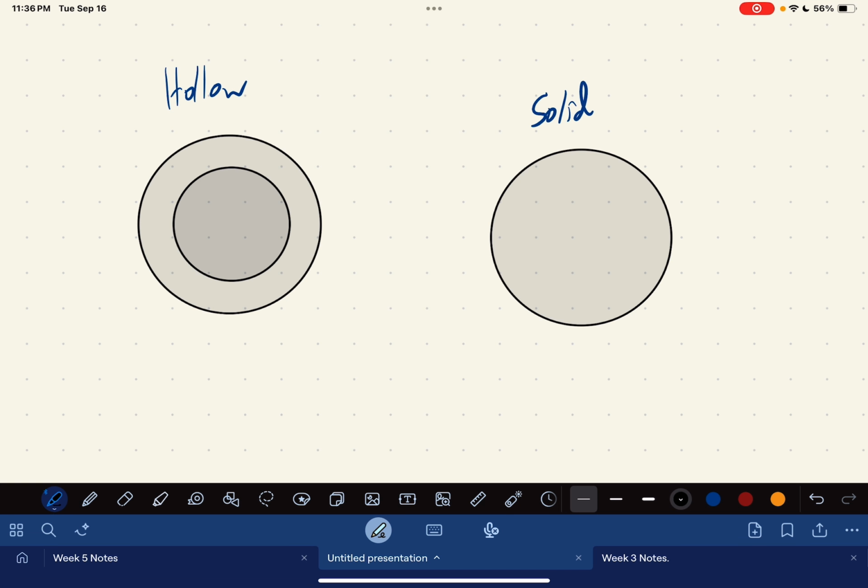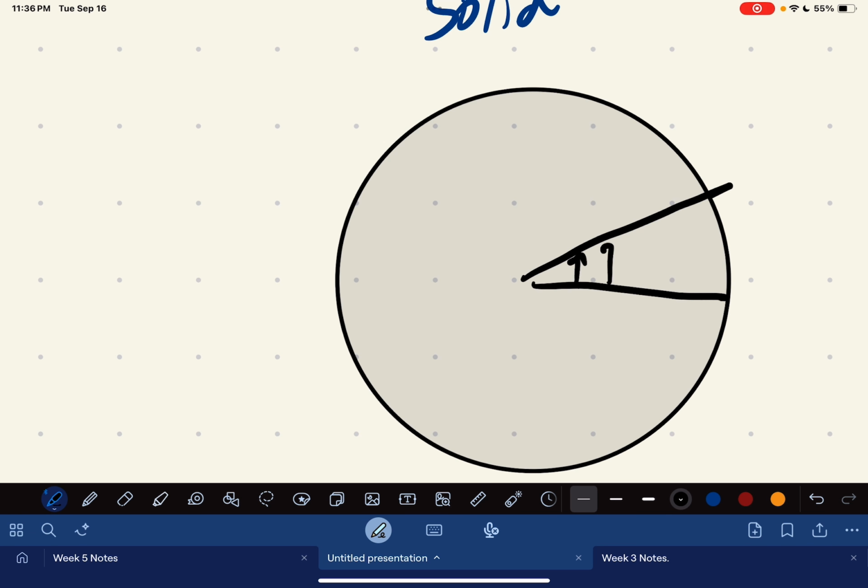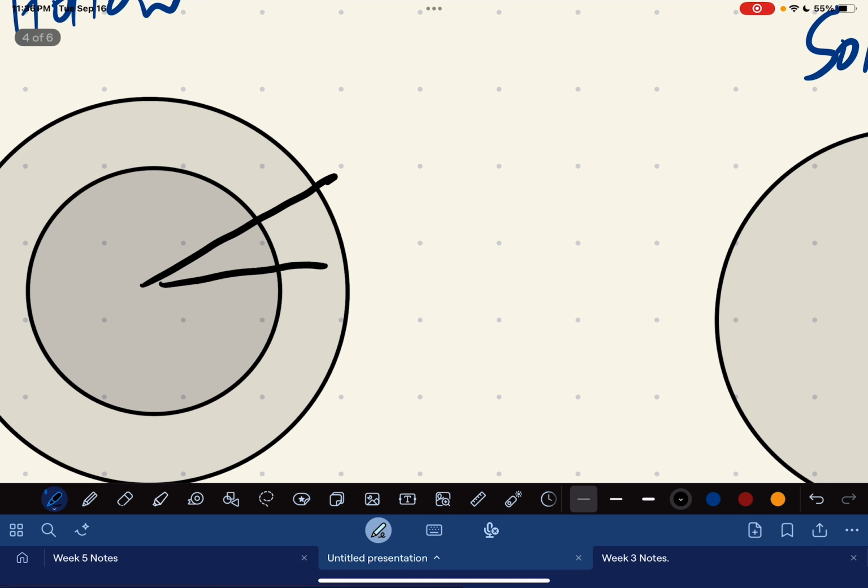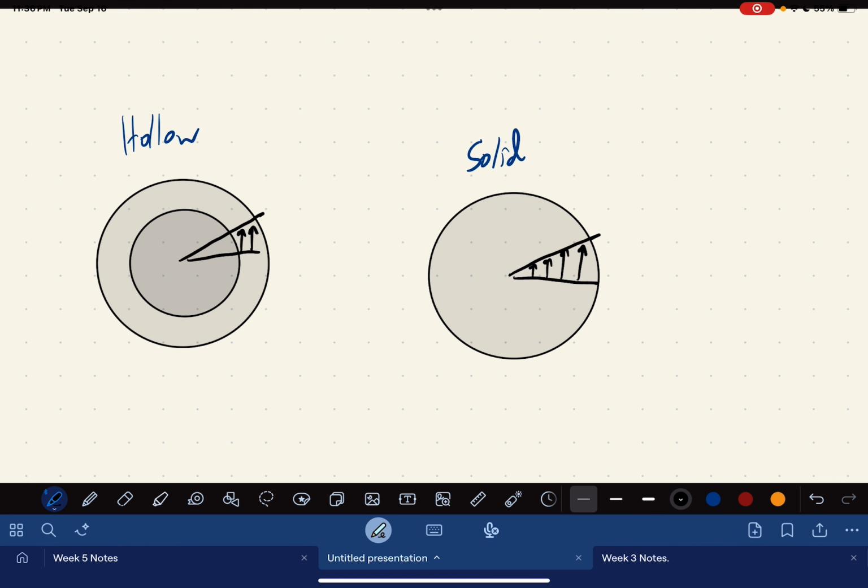So let's look here. This is a section of our shear stress, and for our solid one we have about this much shear stress. Here we only have shear stress on this outer region, and that's why the hollow pipe has more torsional rigidity than the solid one.